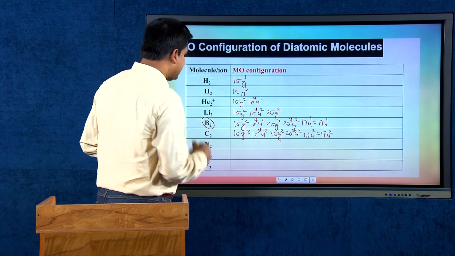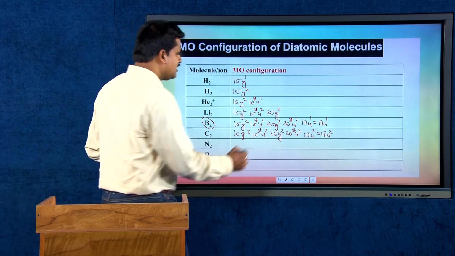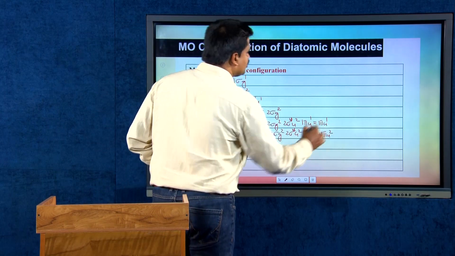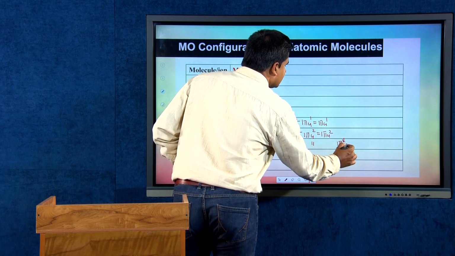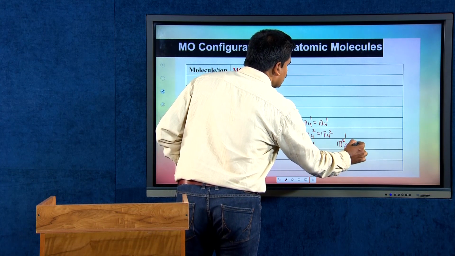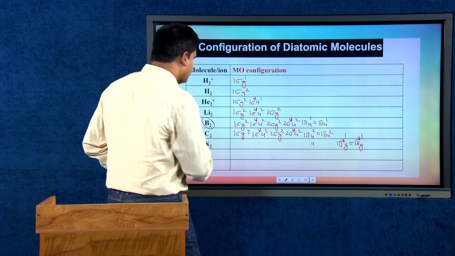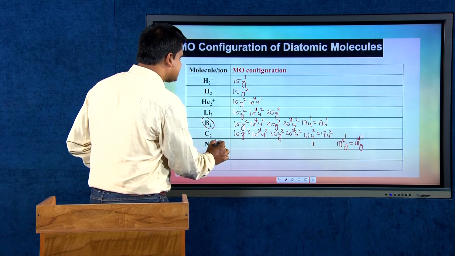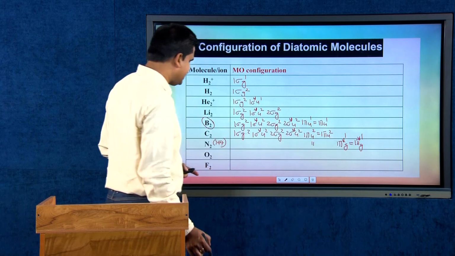Here there is also an exception. And moving on to nitrogen, there are 14 electrons. The configuration is similar up to here, and then 1 pi u2 equal to 1 pi u2 adds to make 12 plus 2, that is equal to 14. For nitrogen, there are 7 plus 7 equal to 14 electrons, and this is the configuration of nitrogen.